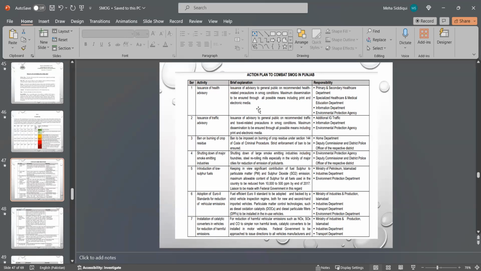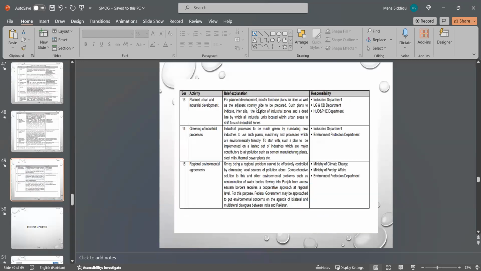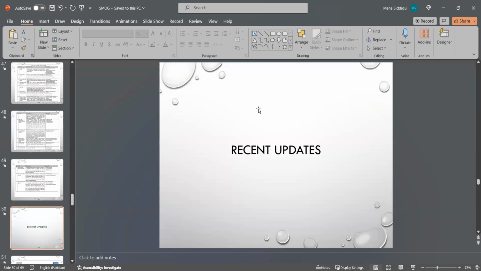The activities include issuance of health advisory, issuance of traffic advisory, ban on burning of crop residue, shutting down of major smoke emitting industries, introduction of low sulfur fuels, adoption of Euro 2 standards for reduction of vehicular emissions, installation of catalytic converters in vehicles for reduction of harmful emissions, better traffic management for reduction of vehicular emissions, controlling burning of municipal waste and crop residue, building capacity to monitor and forecast episodes of higher pollution, creating woodlands around major cities, road shoulders designed to control fugitive earth, planned urban industrial development, greening of industrial processes, and regional environmental agreements.